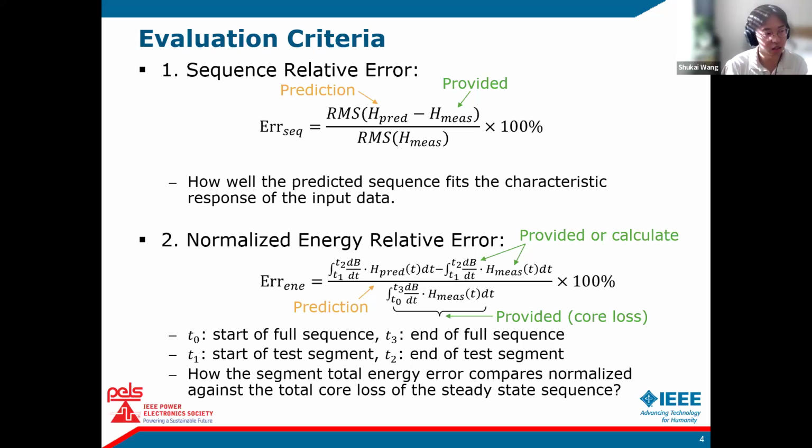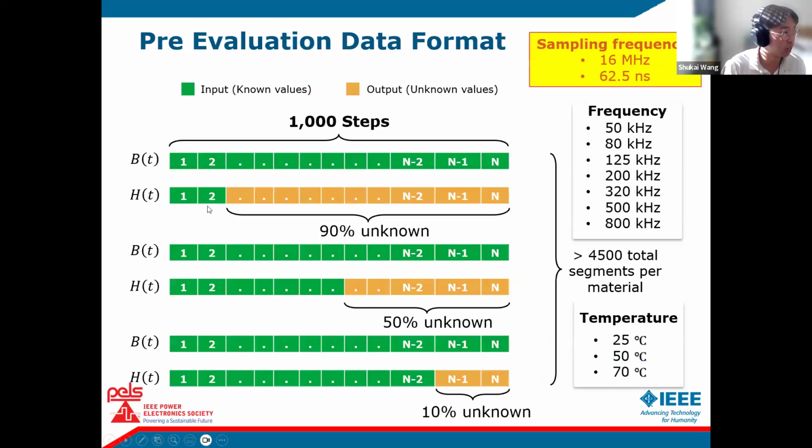First, we're calculating a predicted energy for the entire segment you predicted. So if you're given 10% data and you predict 90%, you are calculating the energy for that 90% unknown. And for 50%, you're only calculating for the 50%.